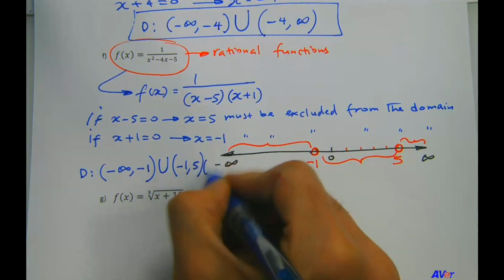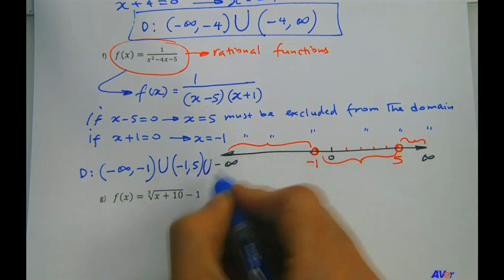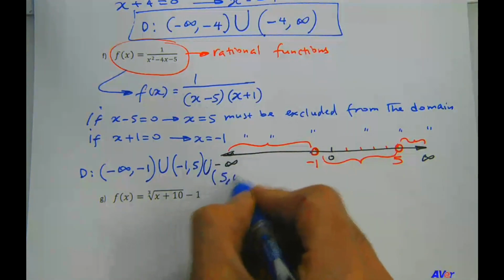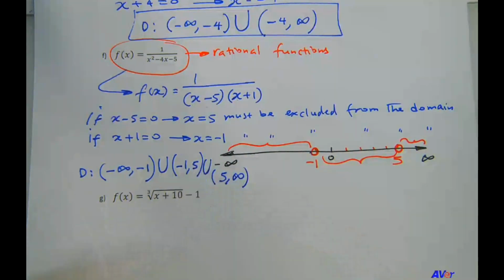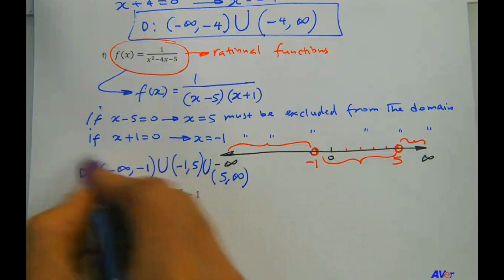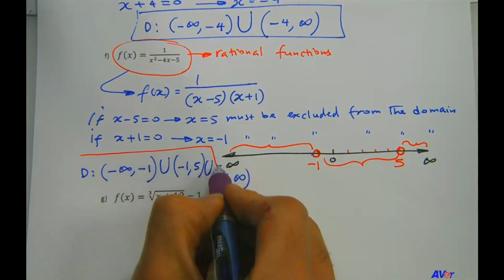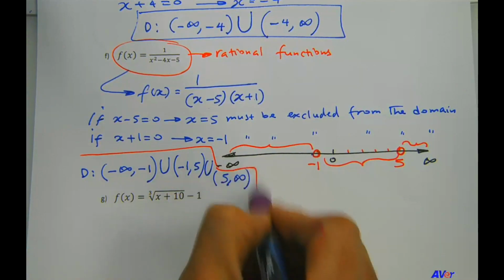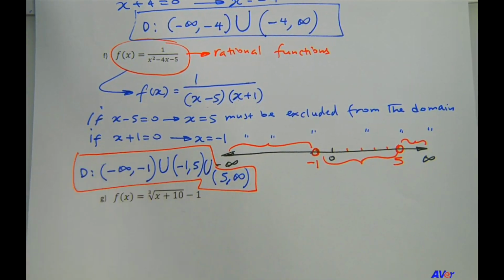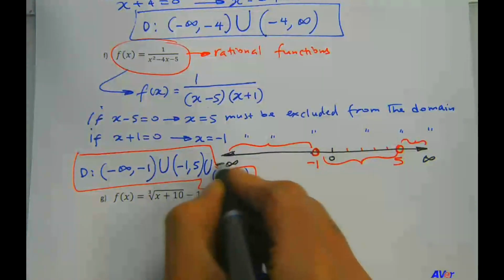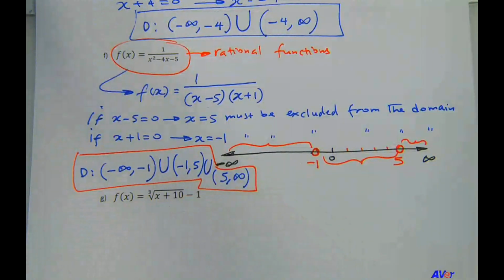And of course, union, that last piece, which is 5, comma, infinity. And sorry for mixing things up here. I'm running out of room on my paper. That's the domain. And that was negative infinity over there. Okay? Is this clear? I hope this is clear. If not, please let me know with your questions.